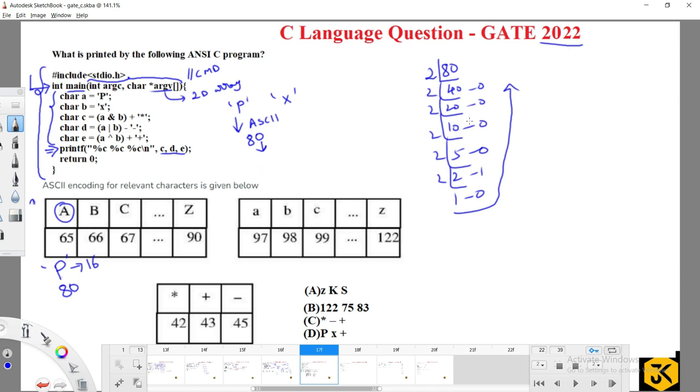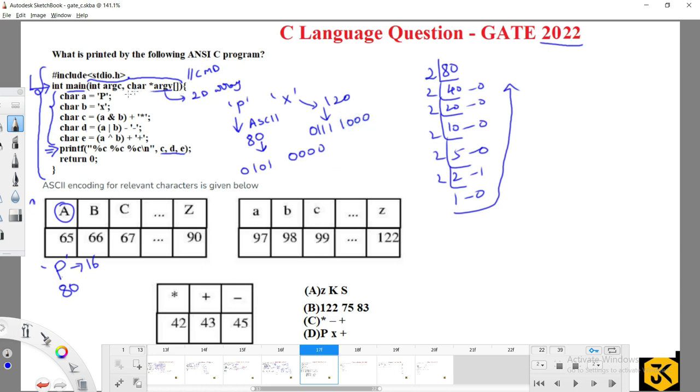In an 8-bit system, 0 1 0 1 followed by 4 zeros, so this is 80. Similarly for x, the ASCII value is 120, and the binary number for 120 is 0 1 1 1 1 0 0 0.